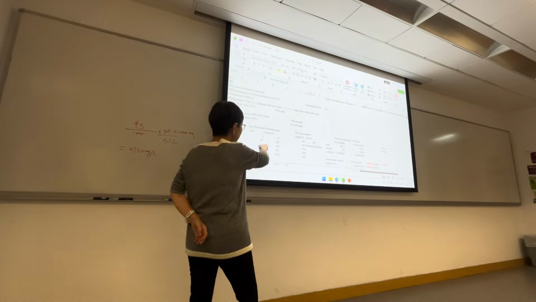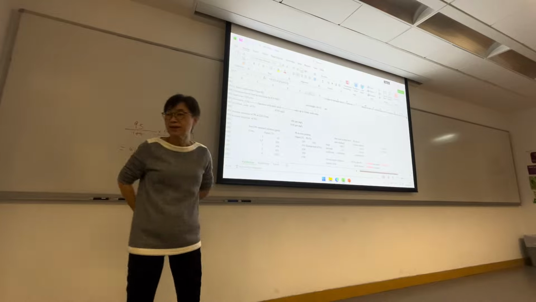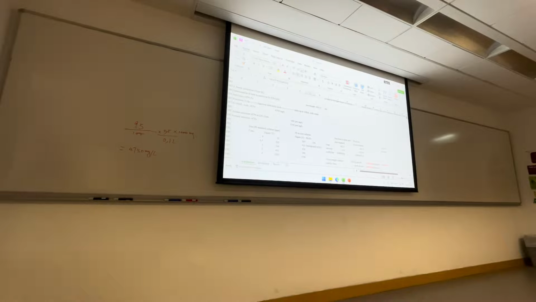So if this is the assumption, the signal of iron contributed by 4750 mg per liter will give you 190 signal. The count will be 190. Just using the emission coefficient multiplied by the concentration will give you 190, okay?